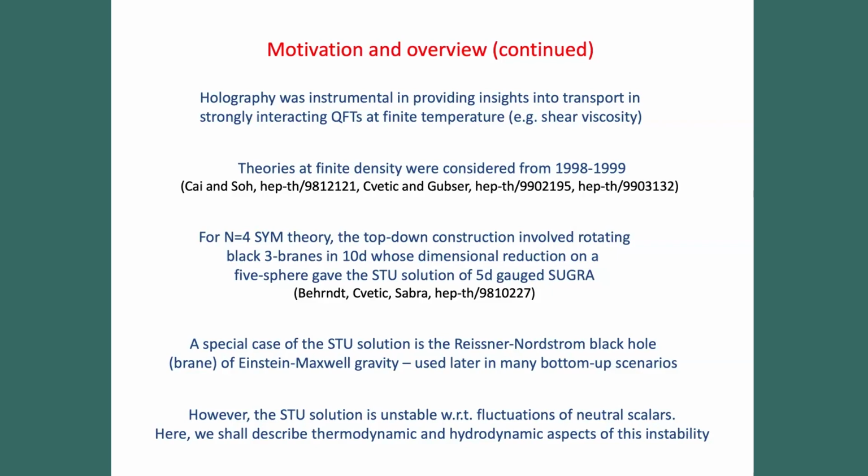Instability was discussed before in connection with charged scalars, which also appear in the 10-dimensional setup when you go from 10 dimensions to 5 dimensions, and they are also 0, and you can fluctuate them. And the story of holographic superconductors and all these wonderful things, with a construction which goes from the bottom up, emerged from these considerations. But we are talking about neutral scalars, so this is the background itself, not the fields in 10 dimensions.